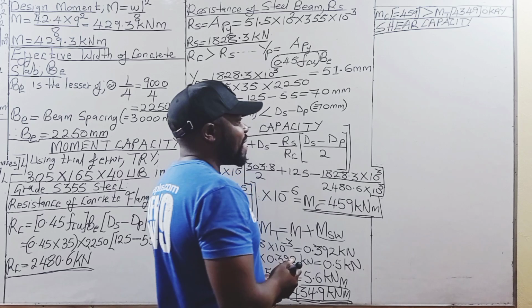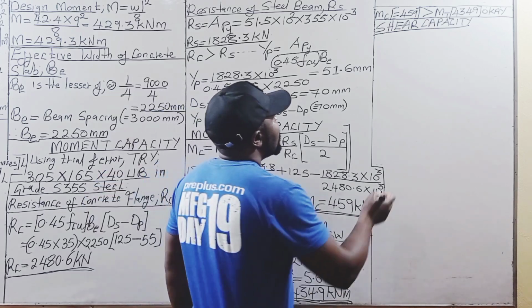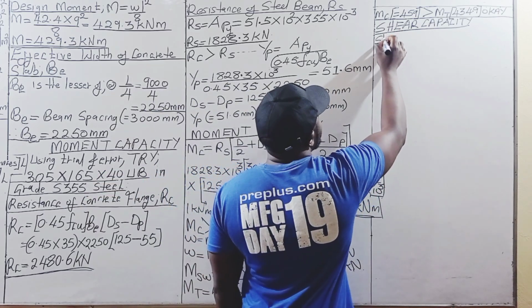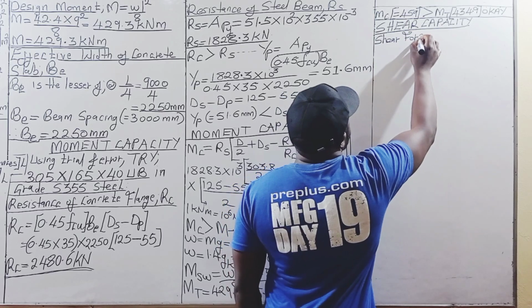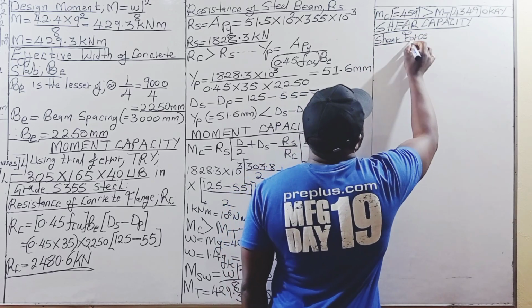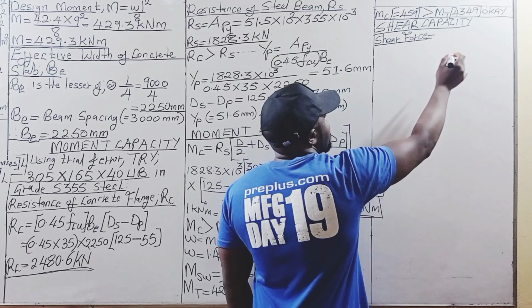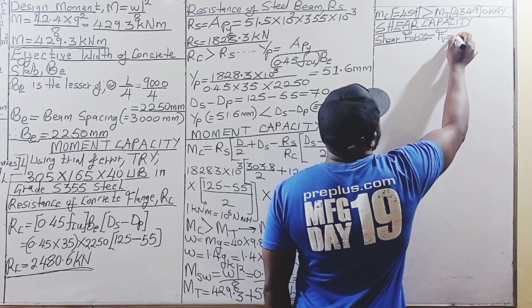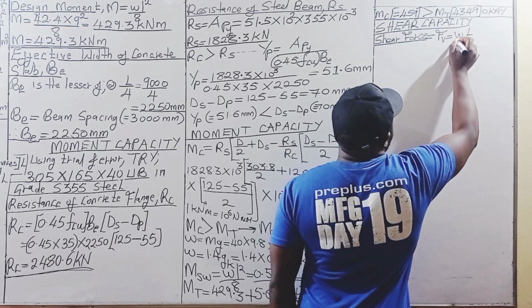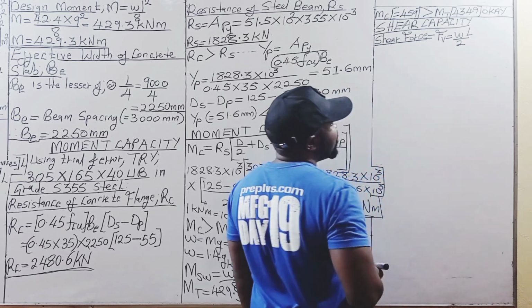And under shear capacity, we are going first of all to determine the shear force. In this case, shear force, which is Fv, will be given by WL divided by 2.